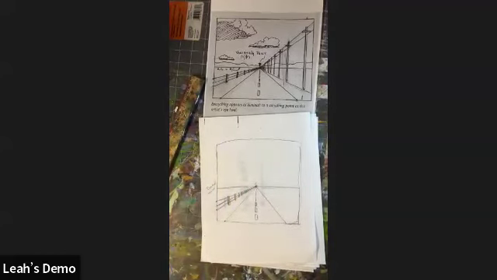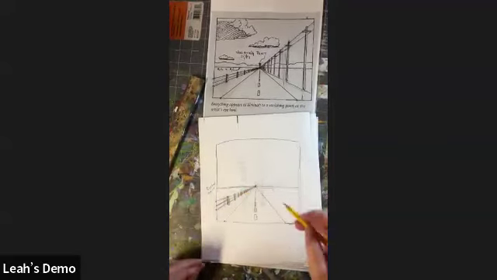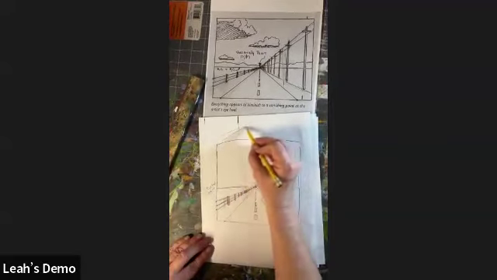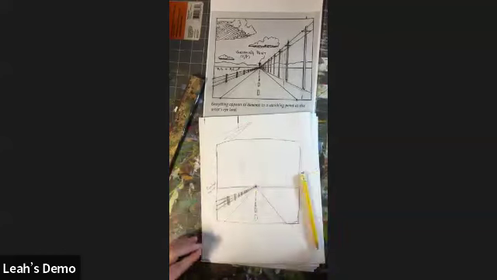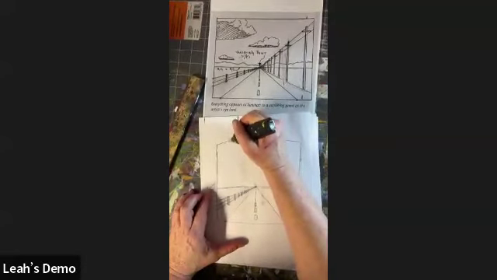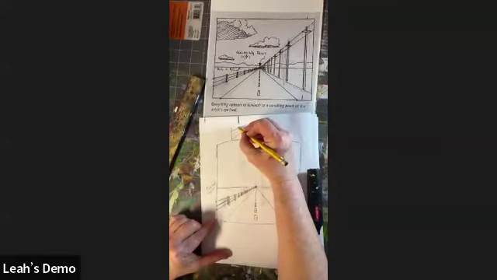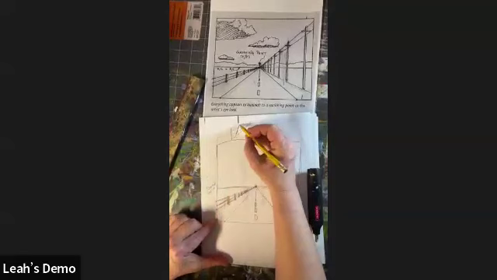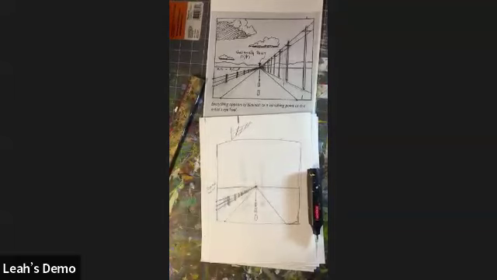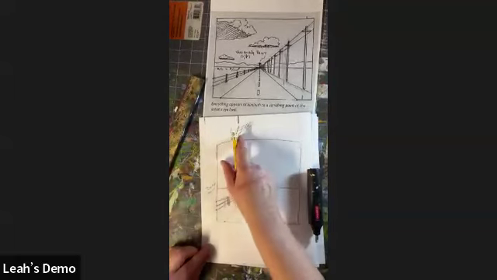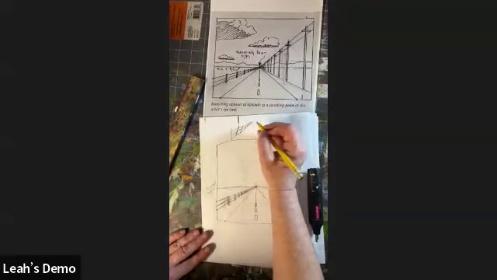I remember teaching this to a student who kept drawing her lines. Here, I'll draw them off on the edge like this. So let's say here's your fence. And she kept drawing lines straight, but she'd draw them like this. And I kept saying, no, no, no, draw them straight. And she drew them straight. And I'm like, no, straight up and down. And she's like, I am drawing them straight up and down. They're all leaning.